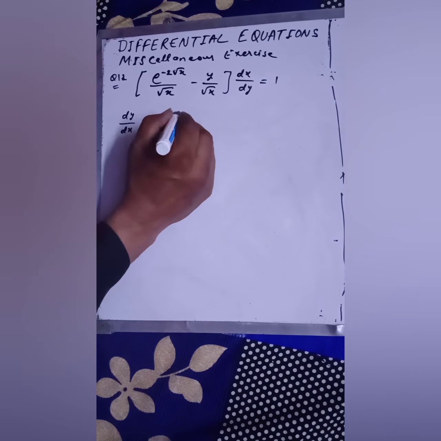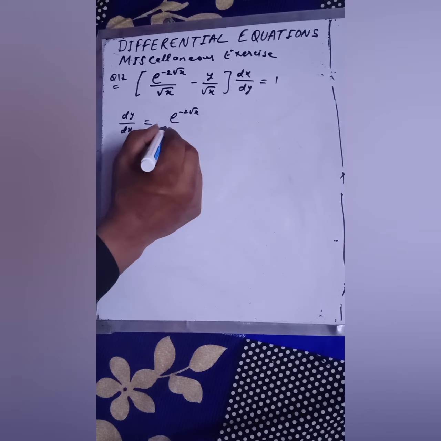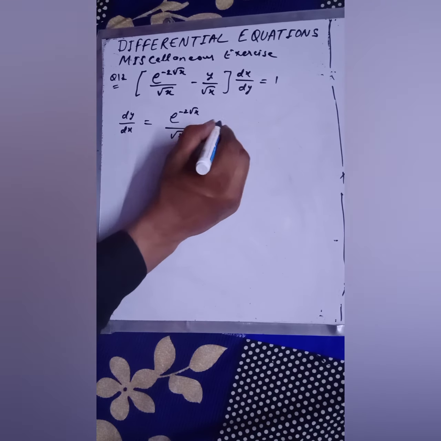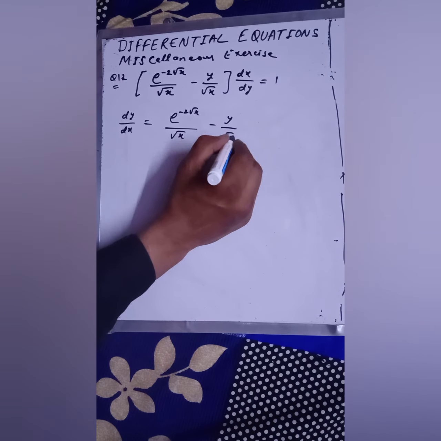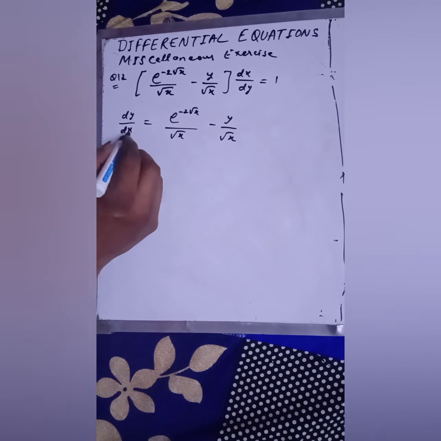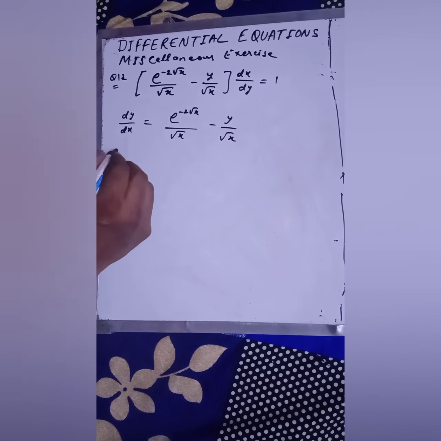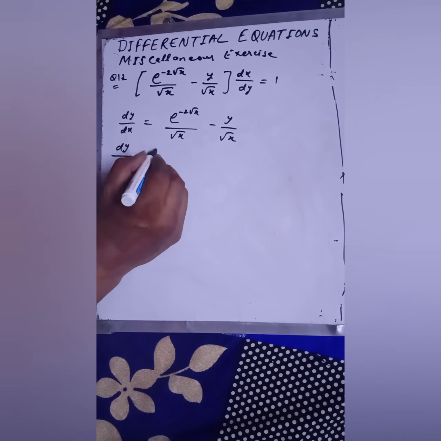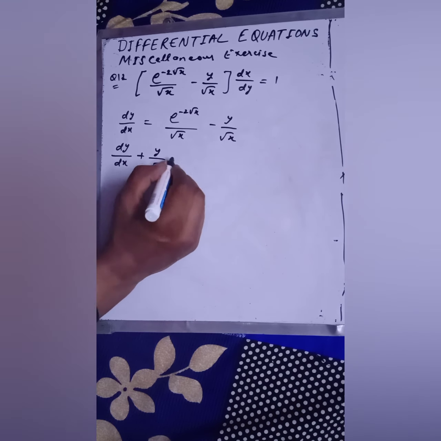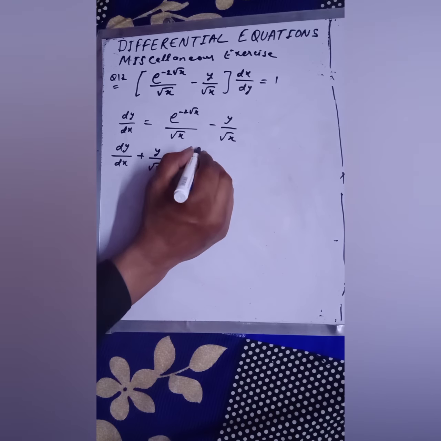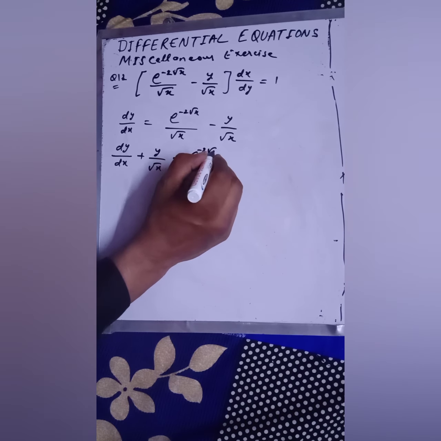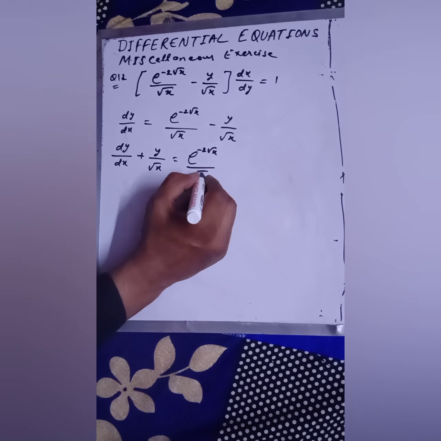It is e raised to power minus 2 root x over root x minus y by root x. Okay, so I'm shifting this y by root x here. This would be dy by dx plus y by root x is equal to e raised to power minus 2 root x over root x.